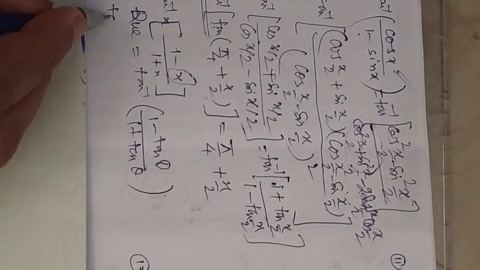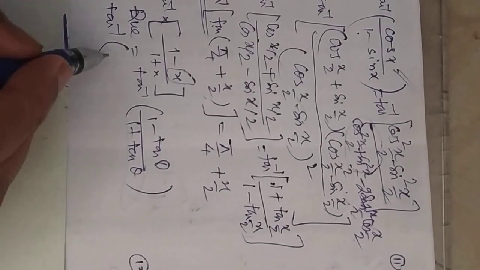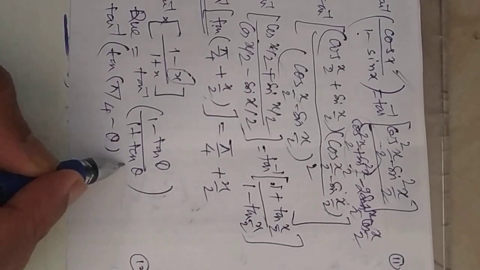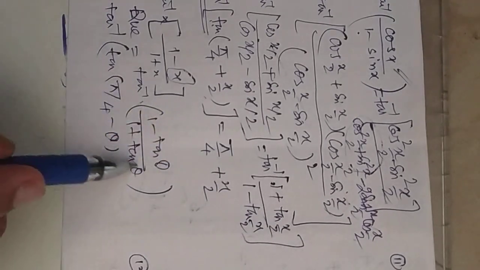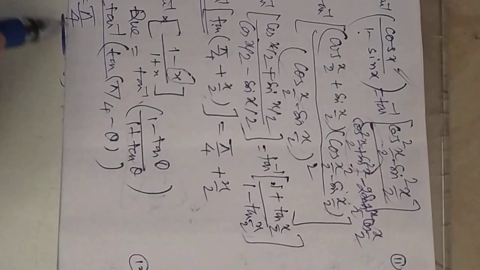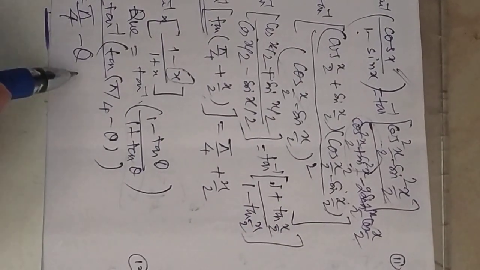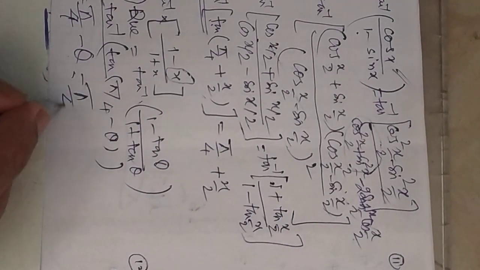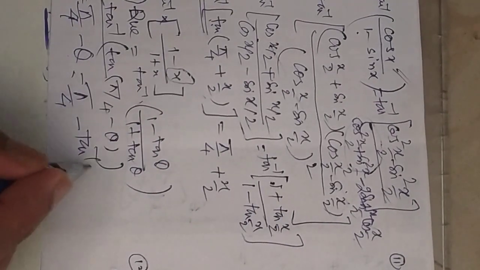It is nothing but tan inverse of tan of (pi by 4 minus theta). Are you getting it? This is tan(A minus B). So tan inverse tan, you will get pi by 4 minus theta. But for the same question, you cannot write the answer in theta. What was the replacement? It is pi by 4 minus tan inverse of x.